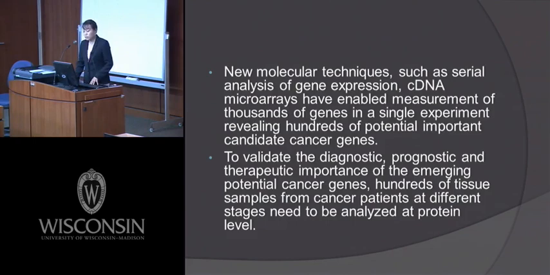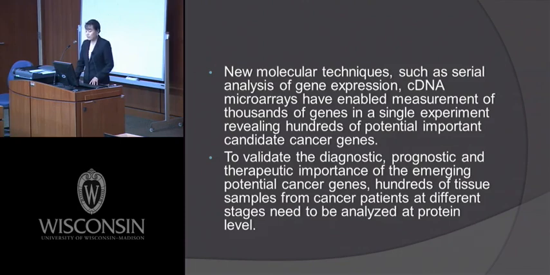However, as new molecular technology advances, such as serial analysis of gene expression, cDNA microarrays have enabled measurement of thousands of genes in a single experiment, revealing hundreds of potential important candidate cancer genes.